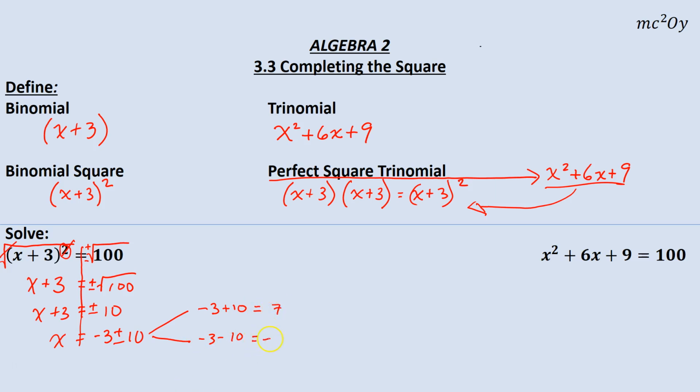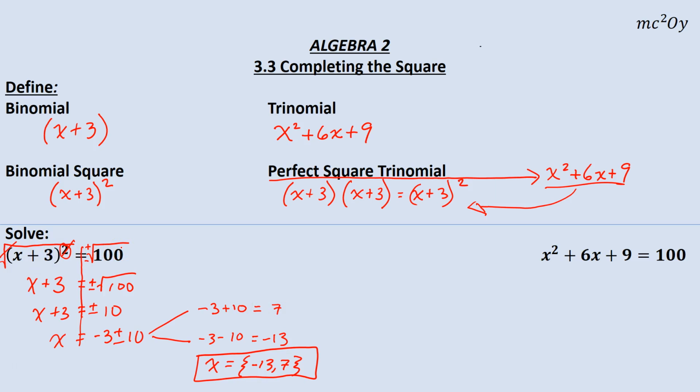The other solution is negative 13. So x equals negative 13 and 7. I put it in set notation because there's more than one solution. If I put negative 13 into my original equation, negative 13 plus 3 is negative 10, squared is 100. If I put 7 in, 7 plus 3 is 10, squared is 100.